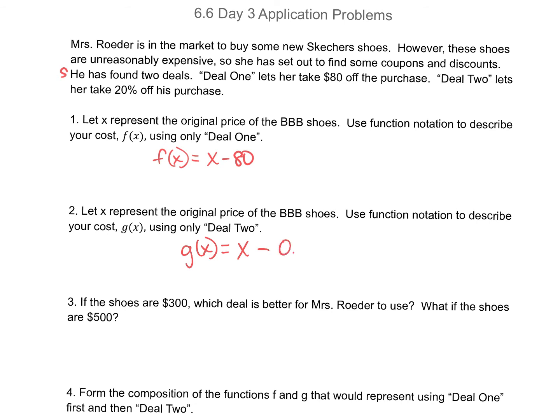So you're going to do 0.2, or you could put 0.20, X. This piece would be the 20% off, and this piece was the total of the shoes.